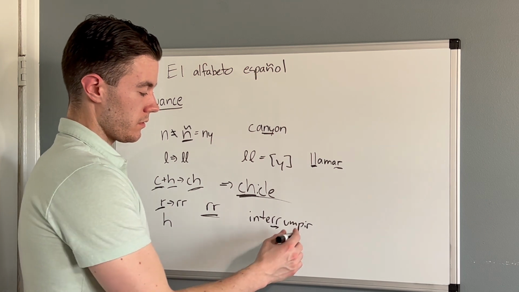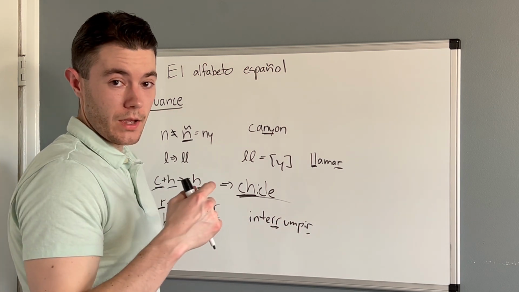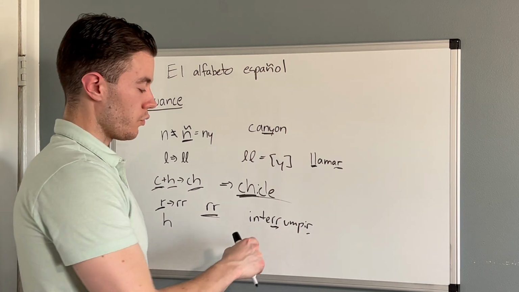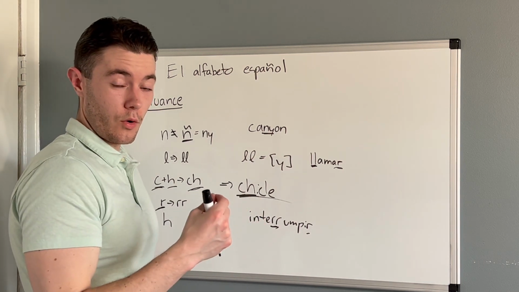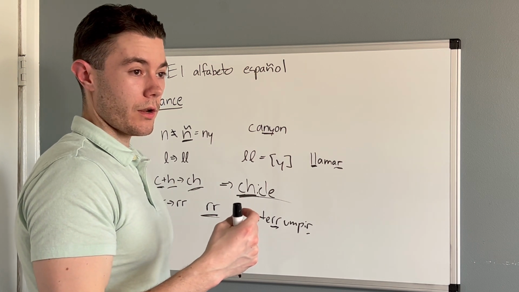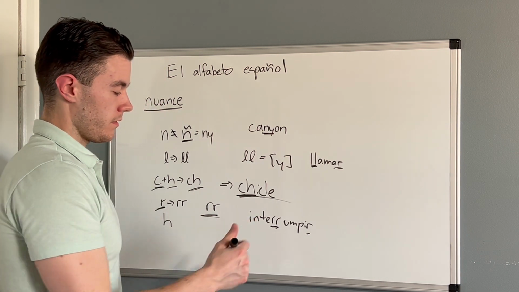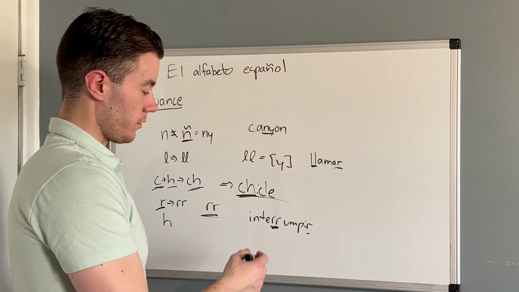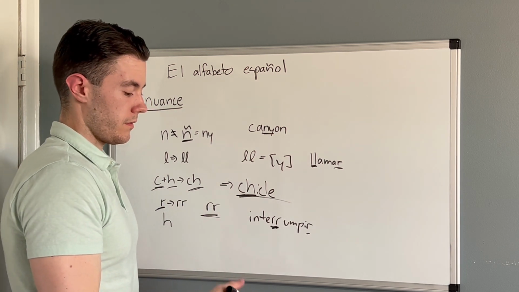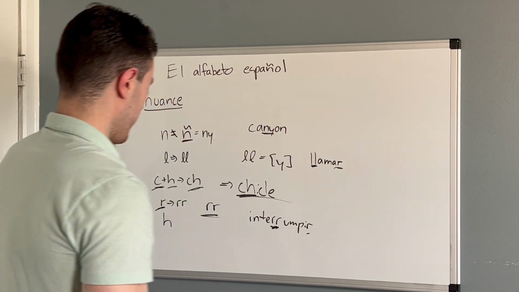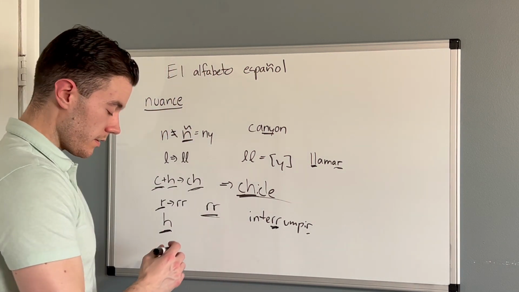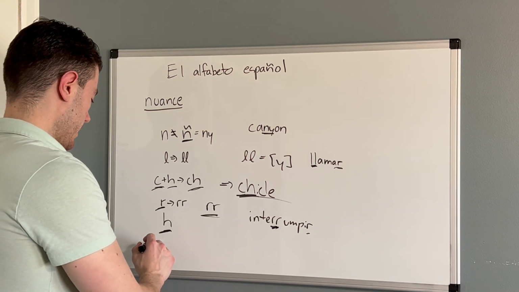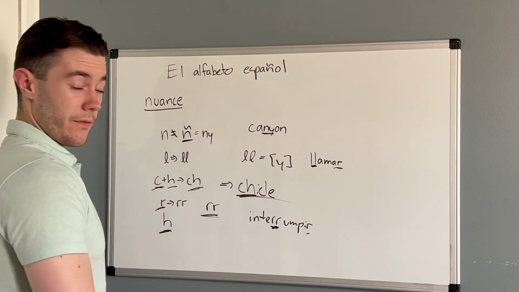So one is just a quick tap. Two, you roll, it's stronger, and it's longer. Interrumpir. So one is a quick tap, two is strong and rolled.